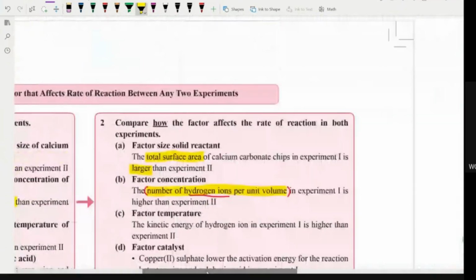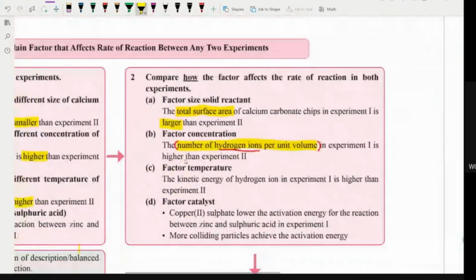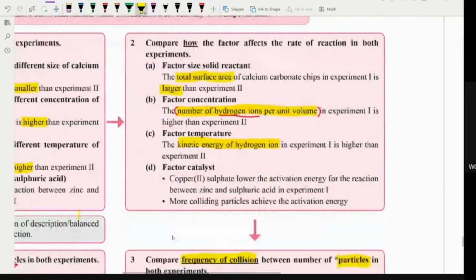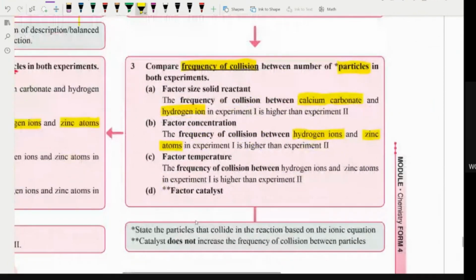Okay, point number 2, the kinetic energy of the hydrogen ions. So you mention the kinetic energy. The kinetic energy of hydrogen ions in experiment 1 is higher than experiment 2. Then after that, the frequency of collisions between the hydrogen ions and zinc atoms is higher. Here you mention the hydrogen ion and zinc atom.